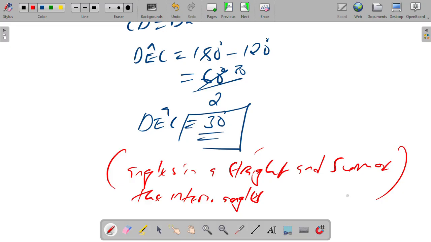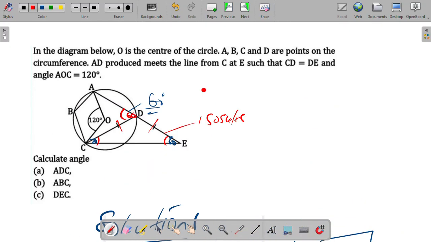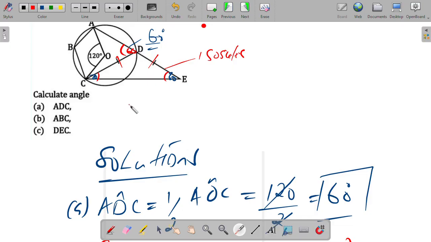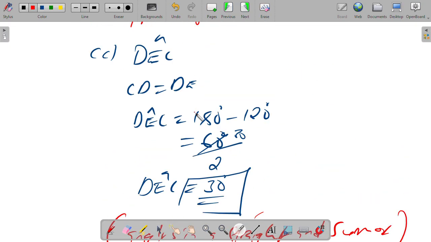And you must remember one point here: CDE is part of a straight line angle, which is 120. So the remaining angle in the triangle is 180 minus 120, which is 60, the one that we got. Then we divided 2 into 60.